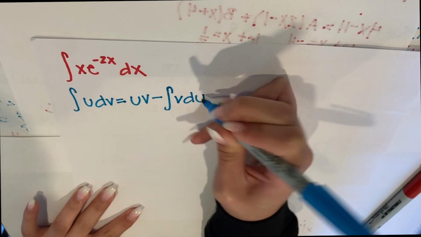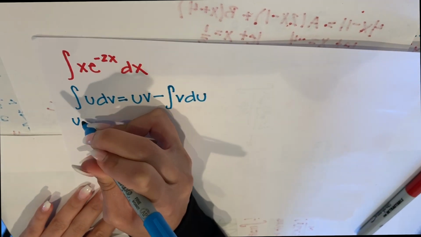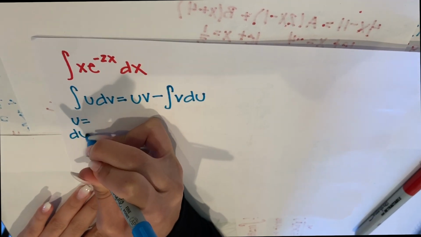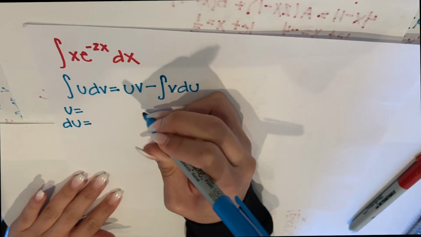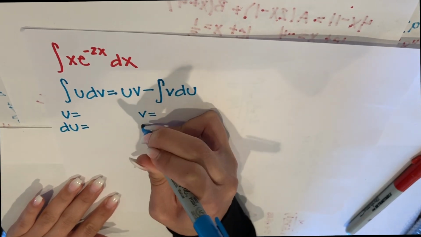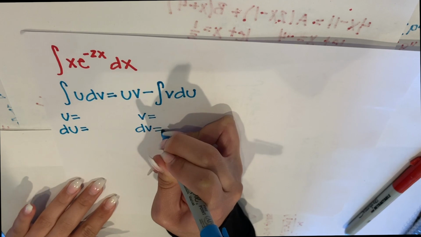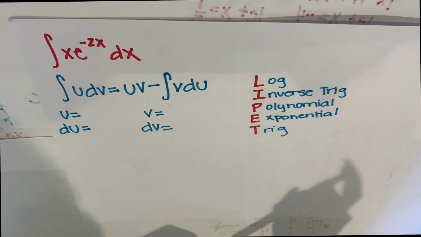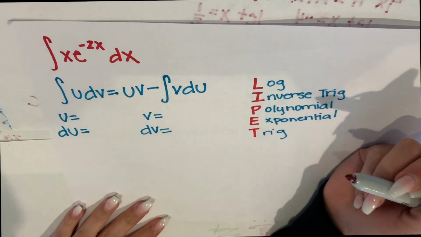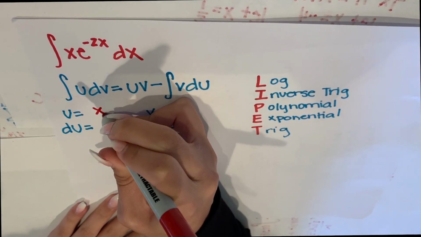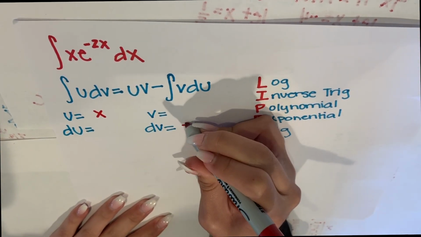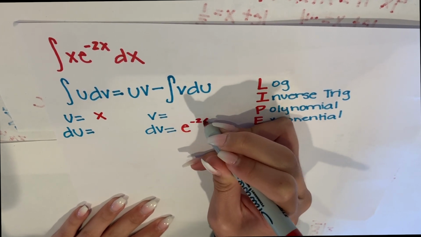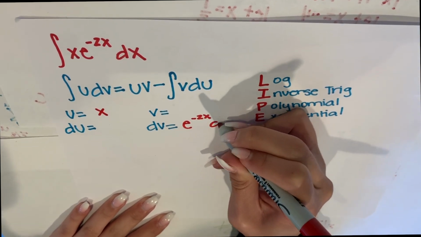Now we need to find our u, du, v, and dv. To find what we'll be replacing our u, we will use our helpful tool LIPET. According to LIPET, polynomials go before exponentials, so we will be replacing our u with x, and dv will be e to the negative 2x dx.